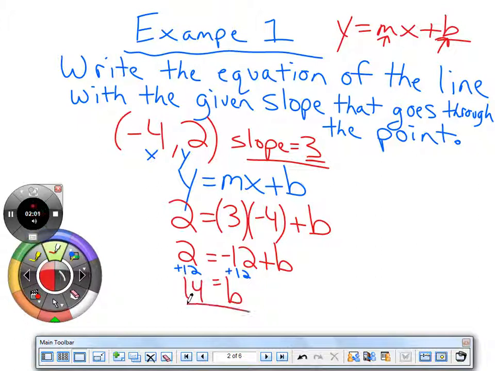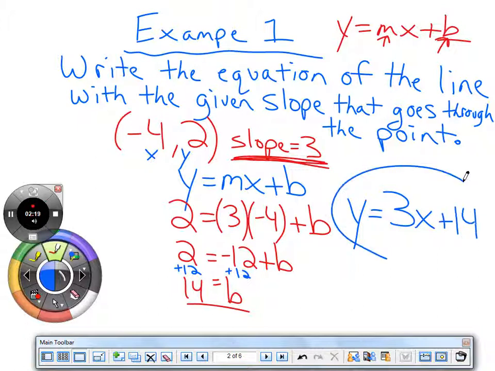Okay, so now we know the b. We already knew the slope. So those are the two things you need. Remember to write it in slope-intercept form. So we would write y equals 3x, and then the b is 14, so we just say plus 14. That's your answer. We wrote an equation of a line.